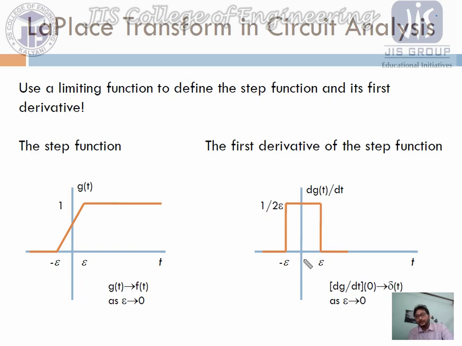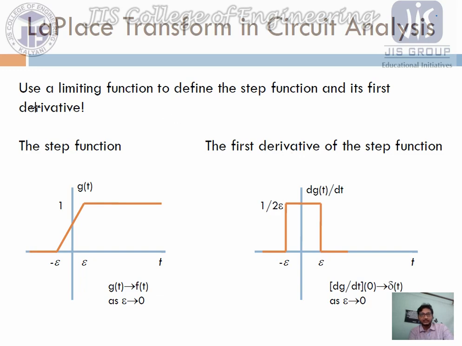If this time, from minus epsilon to epsilon, is very short, near to 0, then such a signal gives a high rise only for a fraction of time, and then again comes to 0. As epsilon tends to 0, that type of signal is considered an impulse signal.